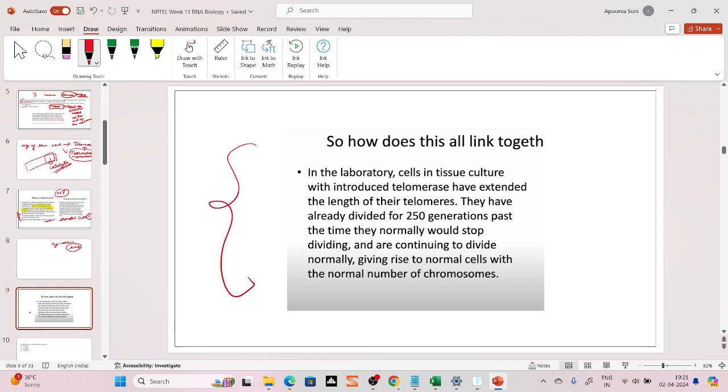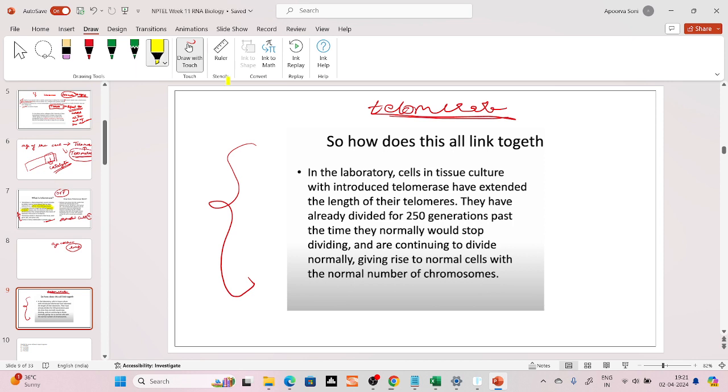What does it mean? It means that if you are externally supplying telomerase enzyme to the cells, they keep on dividing and dividing, and they have an extended length of chromosomes, which shows that telomerase is indeed the enzyme responsible for adding telomeres at the end of the chromosomes.